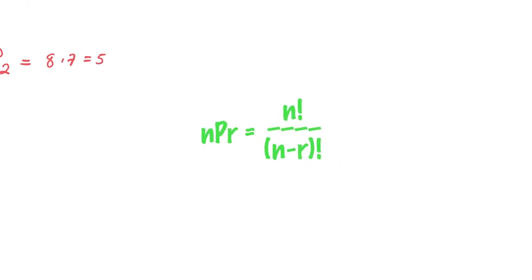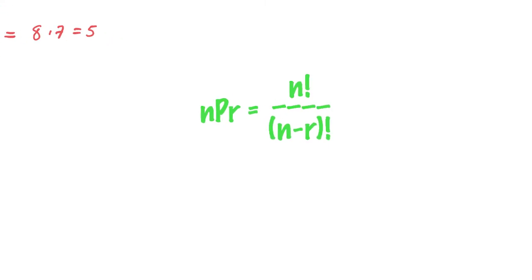But if you look at the overall formula, it's proven in a slightly different way. So 8P2 is the same as 8 factorial over 8 minus 2 factorial.